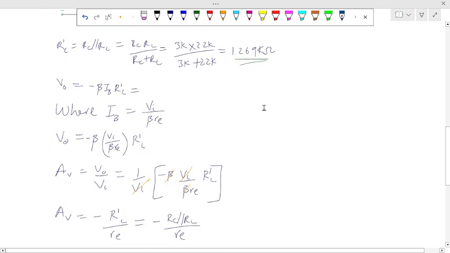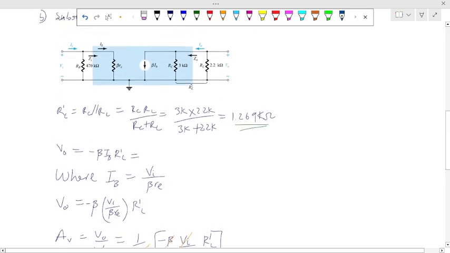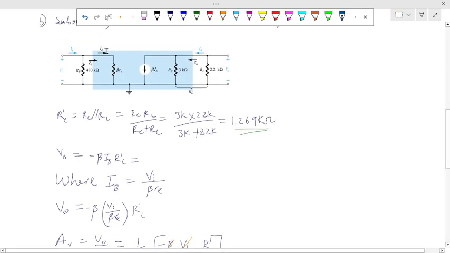So what they did at first is to calculate IB, where IB equals what? Input voltage all over beta RE. Look at it right here, IB. So VI, the input voltage, current is the same as voltage over resistance.